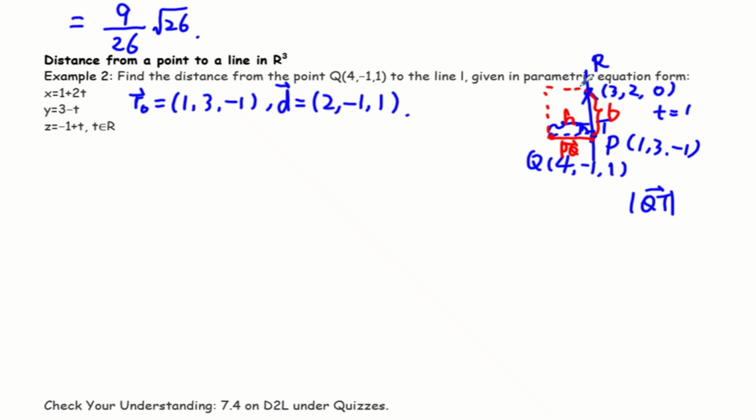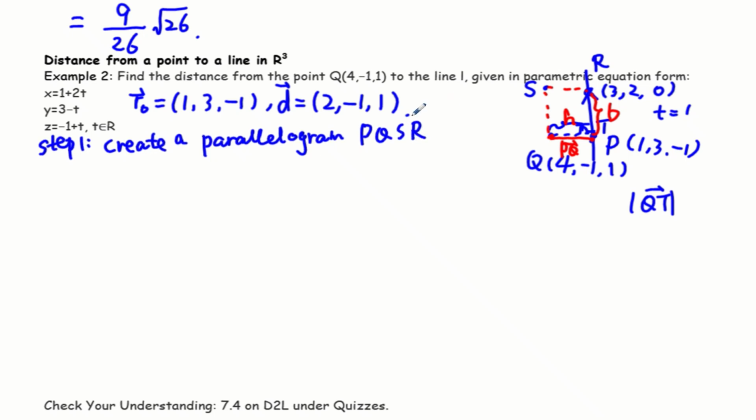So this is another point, we are going to write this one as S. So step 1, create a parallelogram PQSR.